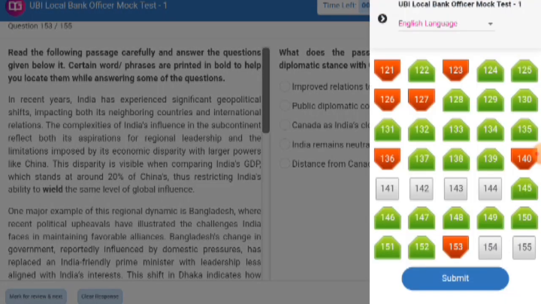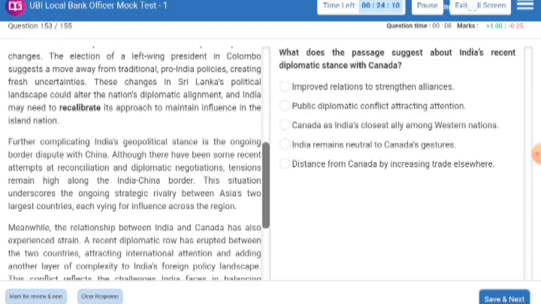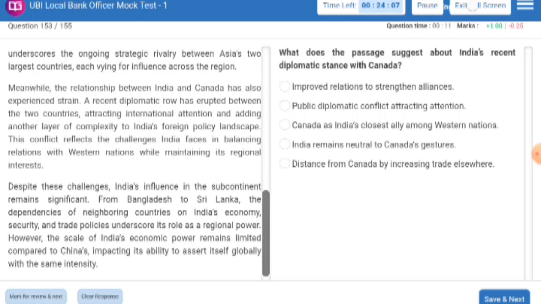And next is, what does the passage suggest about India's recent diplomatic ties with Canada? Tensions erupted between the two countries, attracting international attention and adding another layer of complexity.